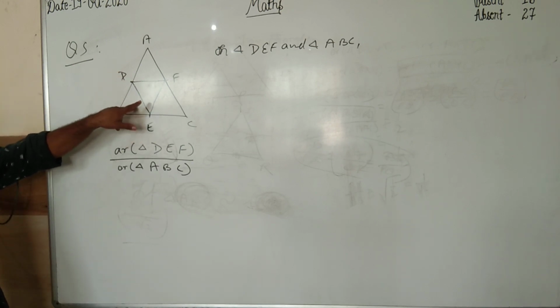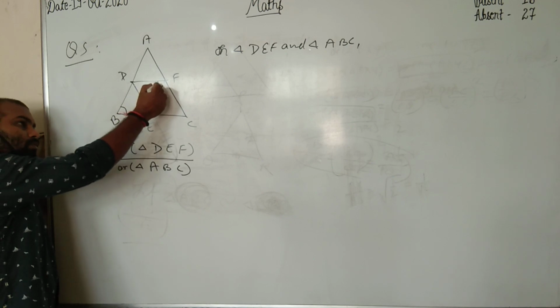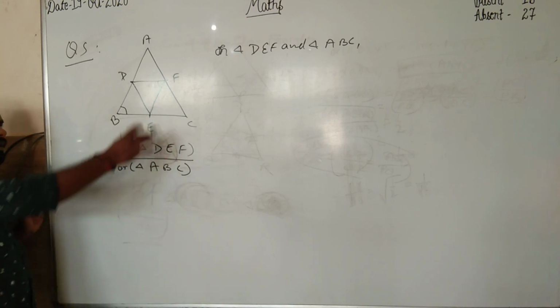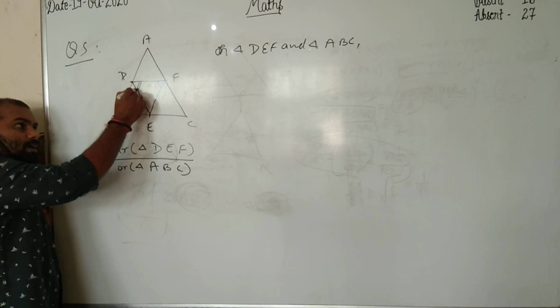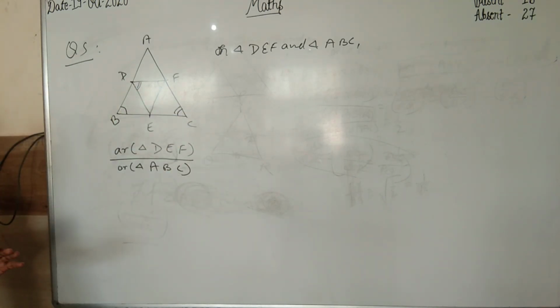So what figure is this? Parallelogram. The condition is that opposite angles of a parallelogram are equal. We have learned this in class 9. Clear? Similarly, this will also be a parallelogram, so again opposite angles of a parallelogram will be equal. Clear?